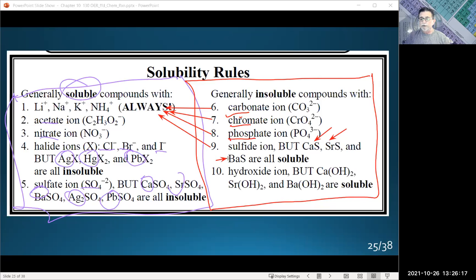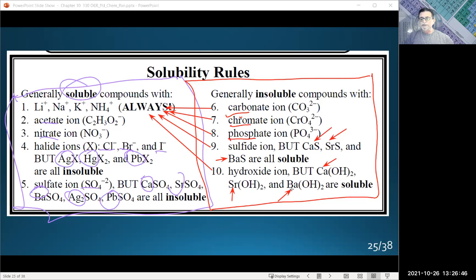And so there are 7 examples of sulfide compounds that are soluble, and all the 10,000 other combinations are insoluble. Hydroxides, very same scenario. Soluble with the big four, also soluble if bonded to calcium, strontium, and barium.